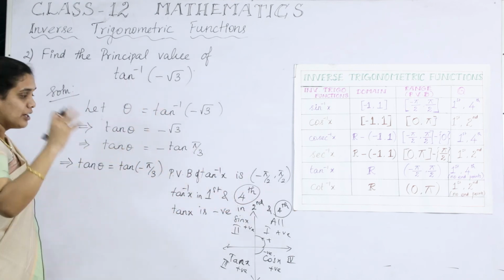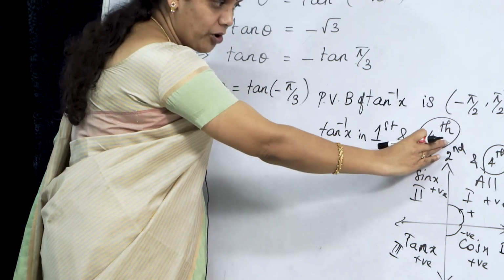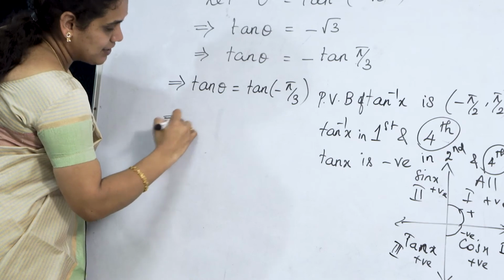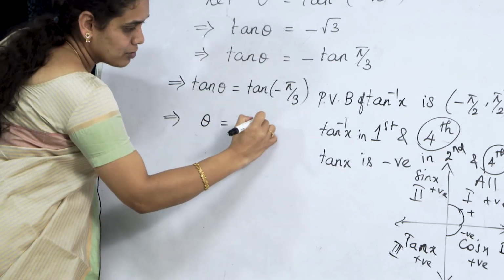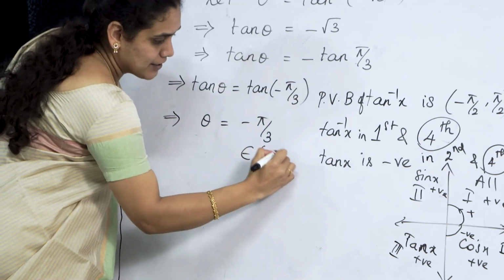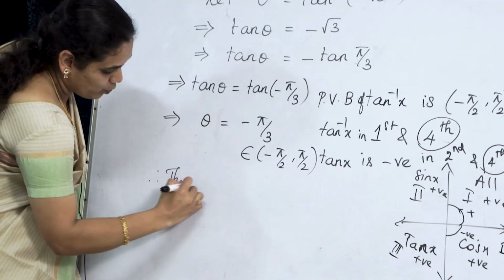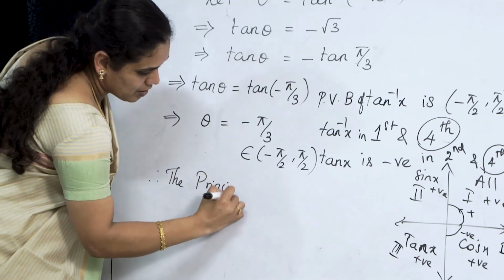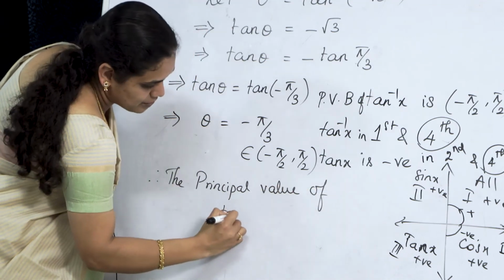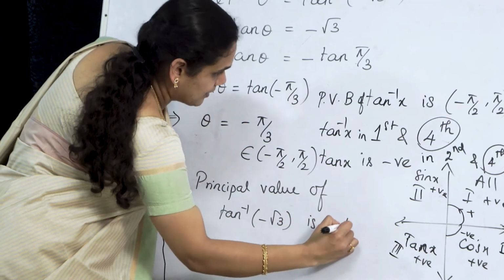So you have to keep in mind all this, the negative part and the principal value branch quadrant and the interval. Okay. So since these two are equal, then theta will be equal to minus pi by 3. So it is belonging to this interval minus pi by 2 comma pi by 2. Therefore, the principal value of tan inverse of minus root 3 is minus pi by 3.